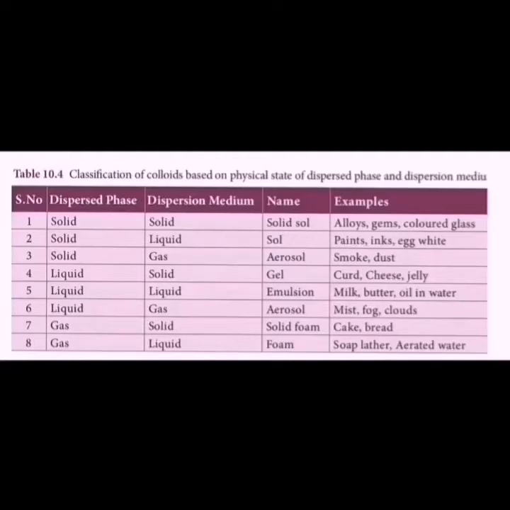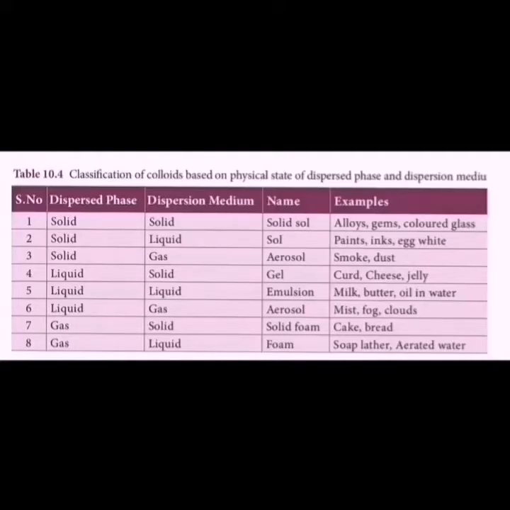Number 5. If the dispersed phase is a liquid and the dispersion medium is also a liquid, then the name of the colloid is emulsion, and the examples are milk, butter, oil in water. Number 6. If the dispersed phase is a liquid and the dispersion medium is a gas, then the name of the colloid is aerosol and the examples are mist, fog and clouds.